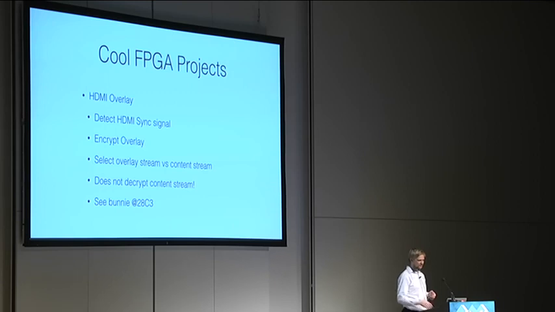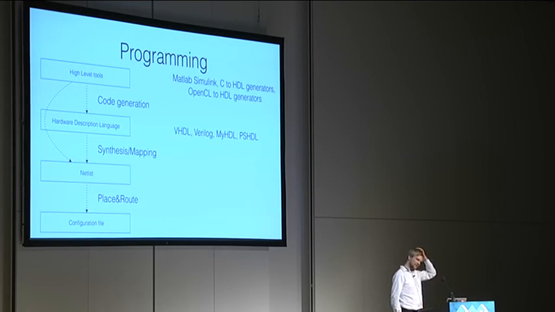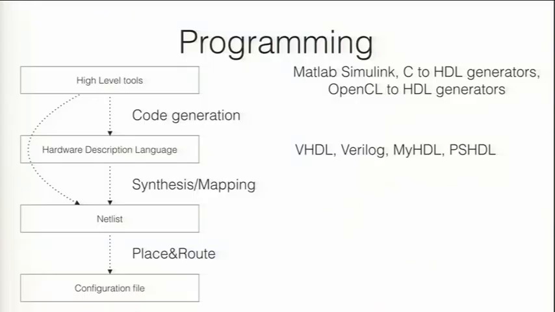So the question is, how do you program an FPGA? Well, okay, so this is where it gets ugly. No, I want to motivate you. This is where it gets fun. You can either choose a high-level tool like MATLAB Simulink, if you have this installed. You can create really nice filters with it, or test runs.